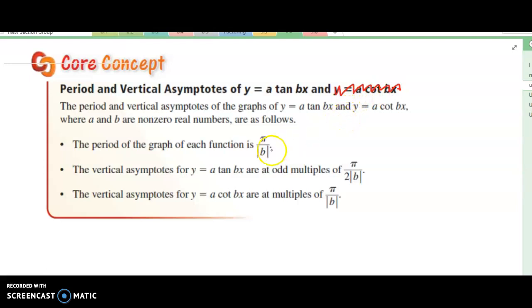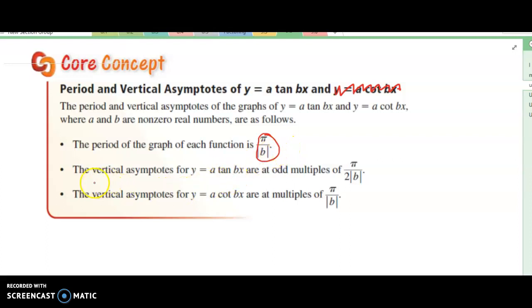When we're finding our b value, remember for sine and cosine it was 2 pi over b? Well, because our period for tangent is just pi, we would find it as pi over the absolute value of b. So if we know our period and want to find b, or if we know b and want to find our period, we would use this.